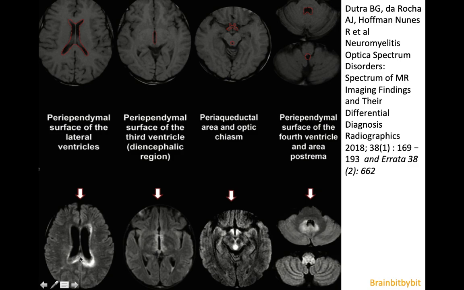So it's the entire ependymal surface of the ventricles and the diencephalic regions surrounding the third ventricle, the regions in the brainstem periaqueductal, and the ependymal surface of the fourth ventricle, so mainly the back of it.